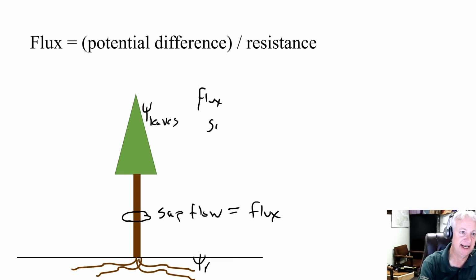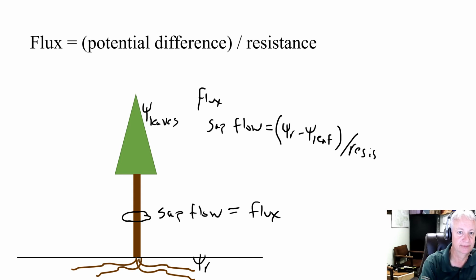So that would just be sap flow equals psi root minus psi leaf, divided by resistance. So this term and this term are known.